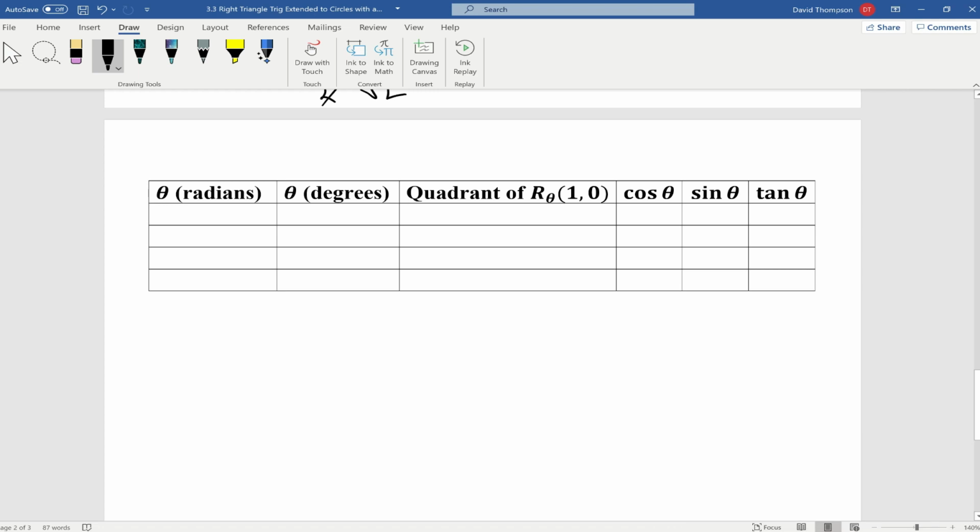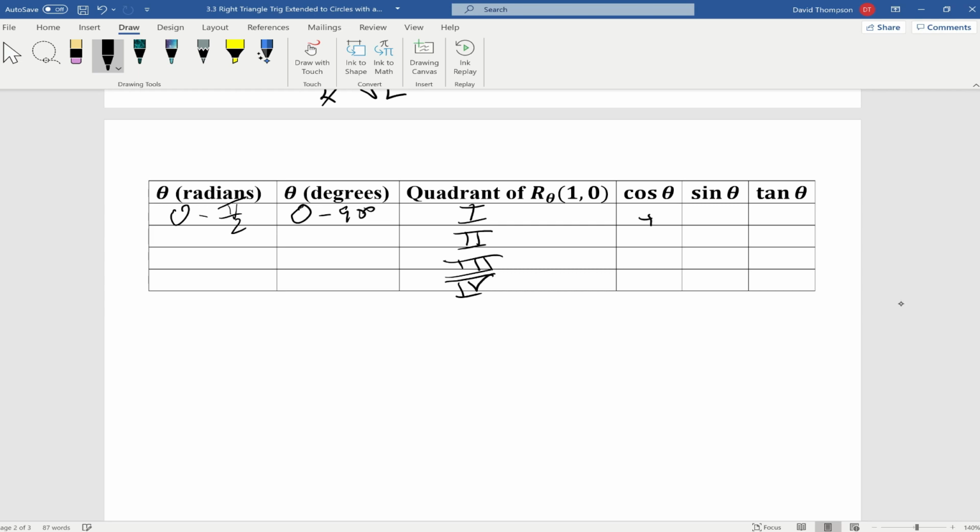Now let's summarize using a table. We'll have quadrants 1, 2, 3, and 4. In quadrant 1, in radians we go from 0 to pi over 2, and in degrees that's 0 to 90 degrees.